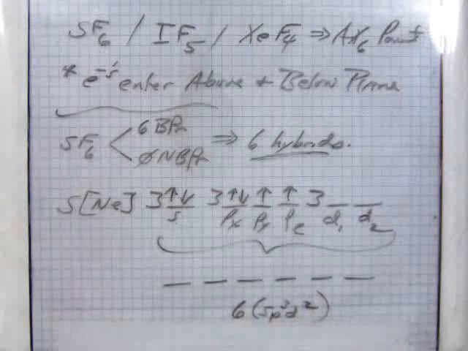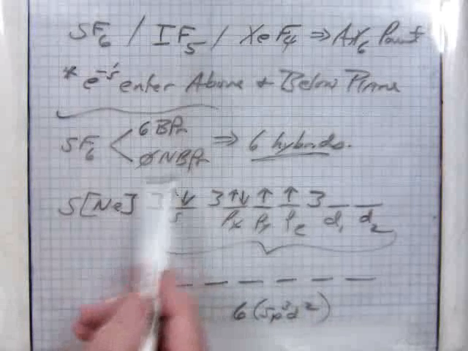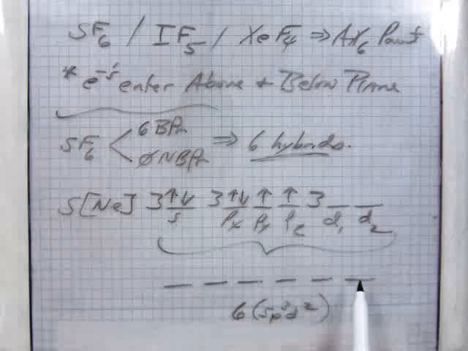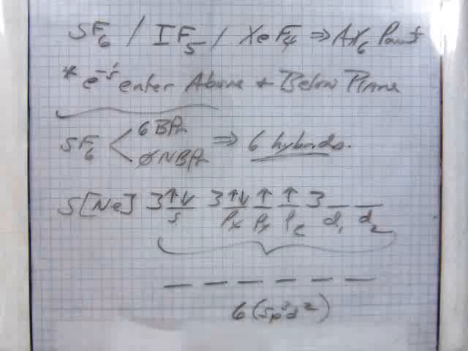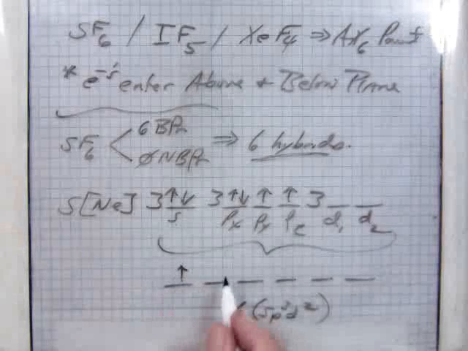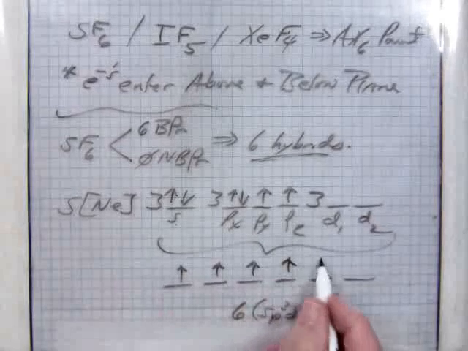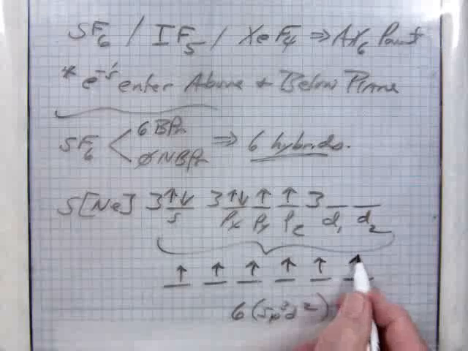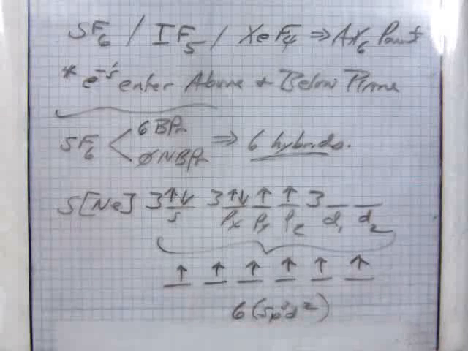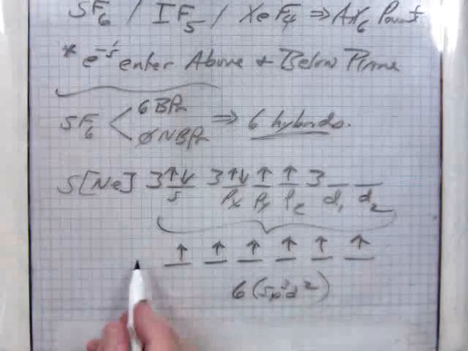6 sp3d2 hybrids. Now, since we have 0 non-bonded pairs, what do we put in the blanks? We put paramagnetics only. And each one is called an sp3d2 hybrid. They hook together and they form an octahedron.